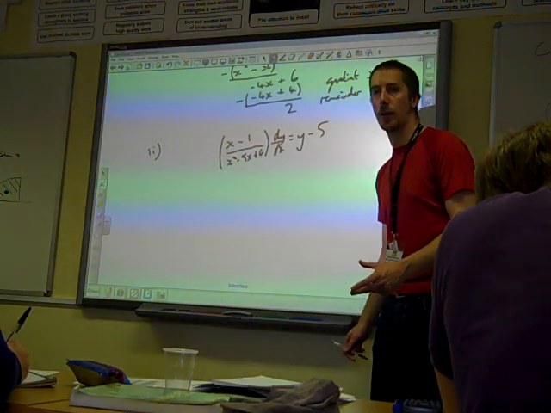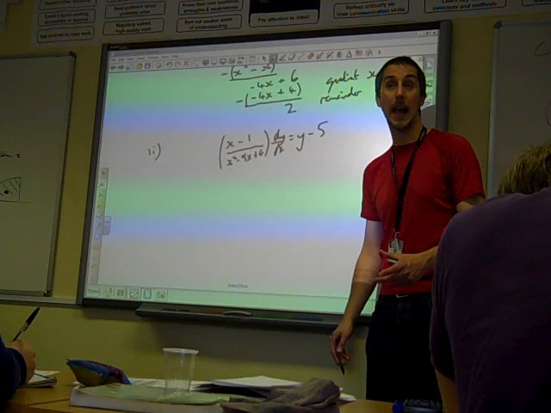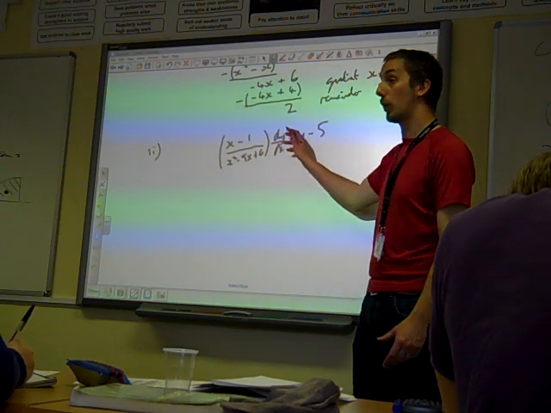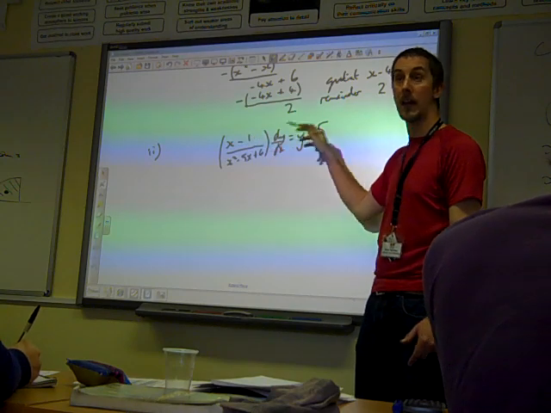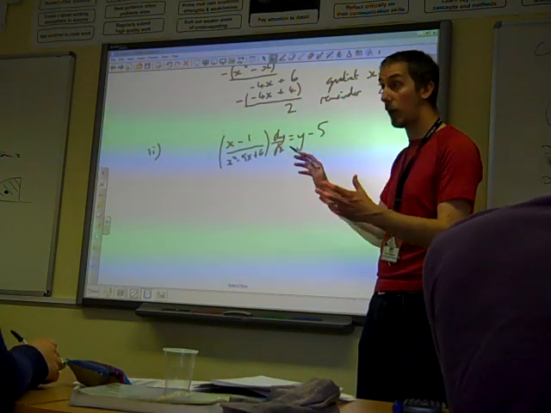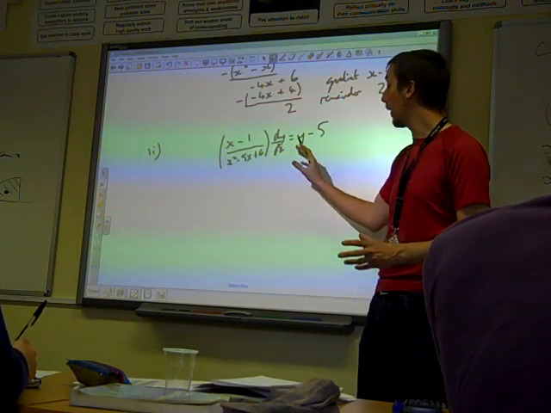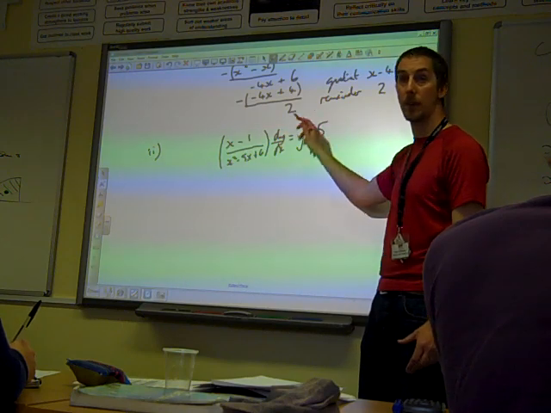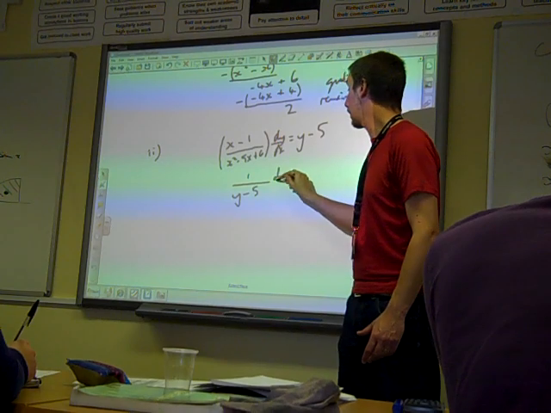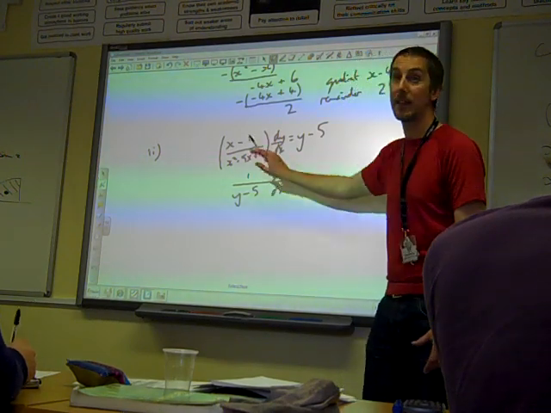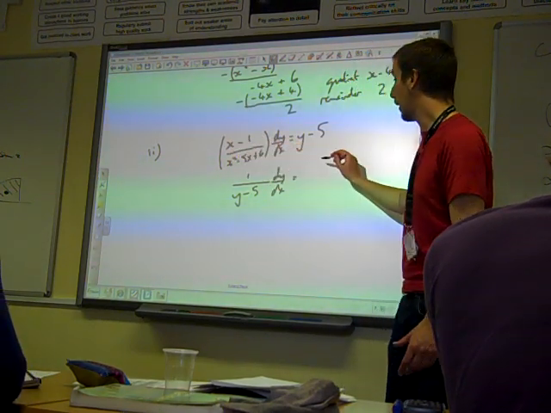If we're going to solve the differential equation, we need to get the bits involving y on the left, because the y is on the top there, and the bits involving x on the right. So the first thing to do is to rearrange this a bit. We need this y minus 5 term to be over here, and we need this x term to be over here.